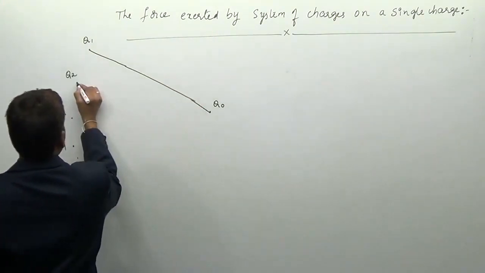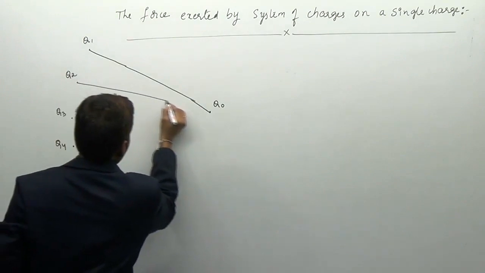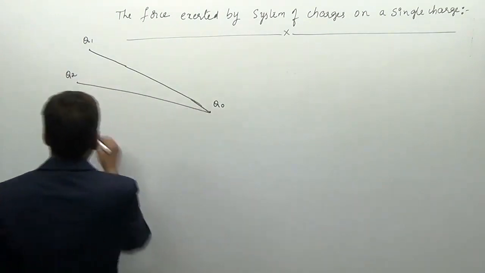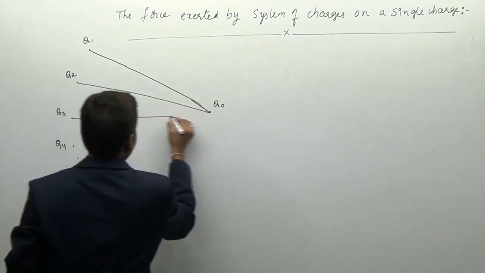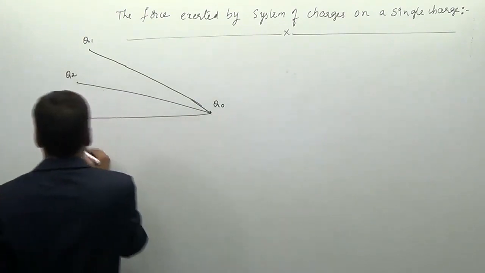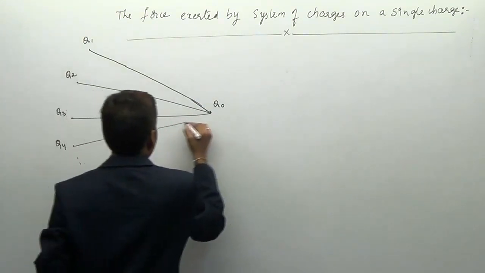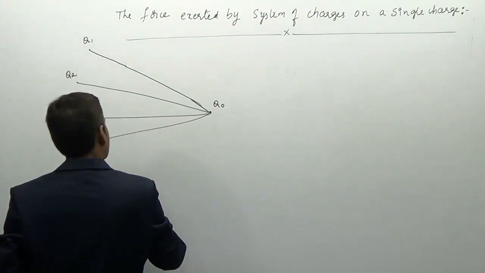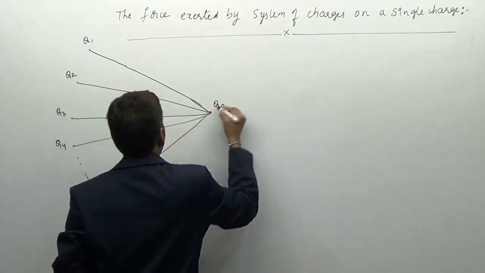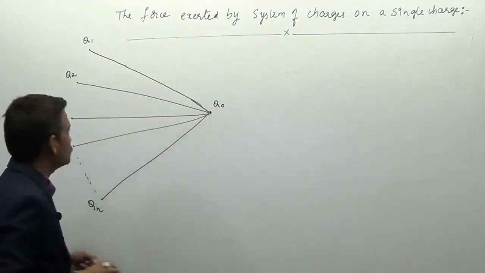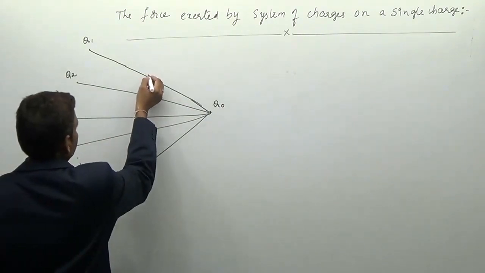Next, the line joining Q2 and Q0. Next, the line joining Q3 and Q0. Next, the line joining Q4 and Q0. And the line joining Qn and Q0. So we have joined all the lines.